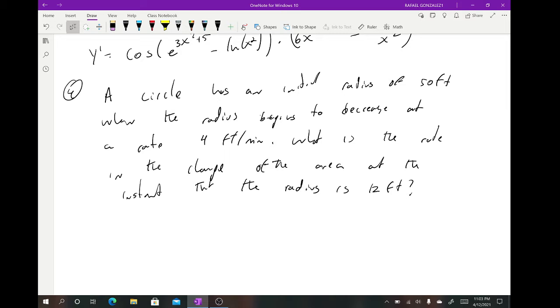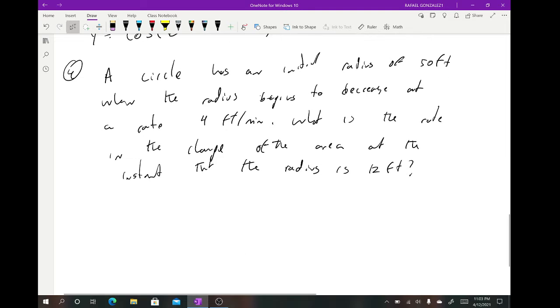So again, when we spoke about related rates, I told you that the most difficult part of this problem will be relating the actual variables that you have here. So here we're working with a circle. We are told that it has some radius of 50 feet. We are told that it begins to decrease at some rate. And we are asked to find the rate of change in the area.